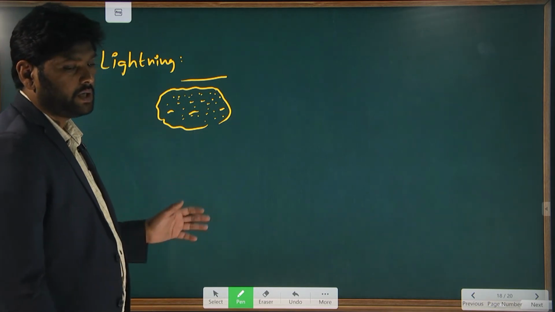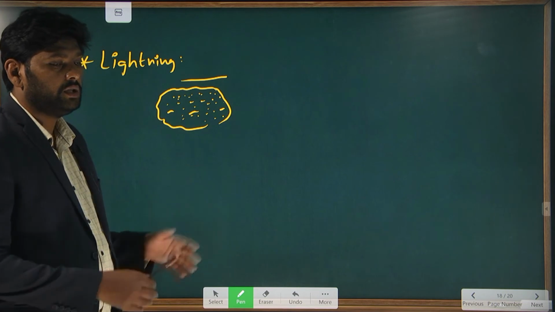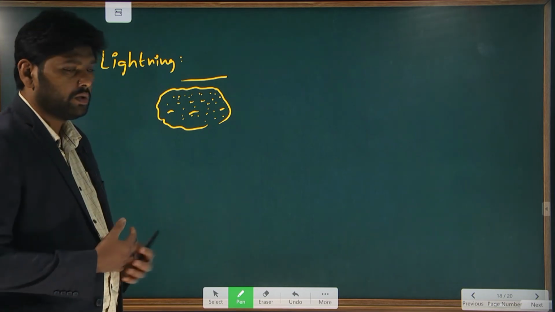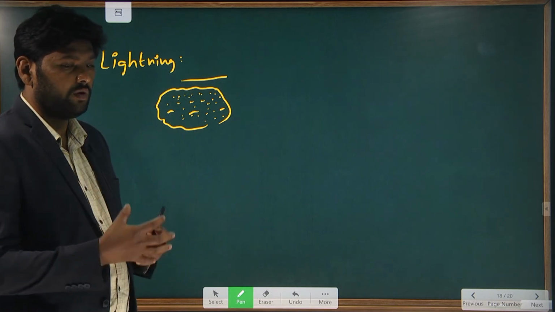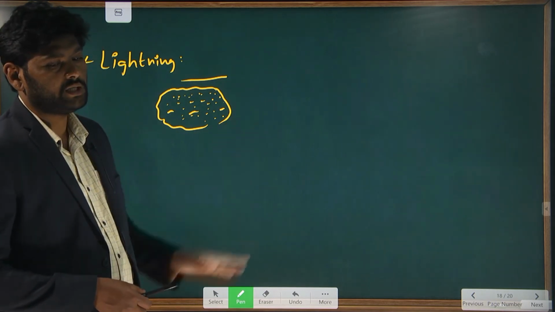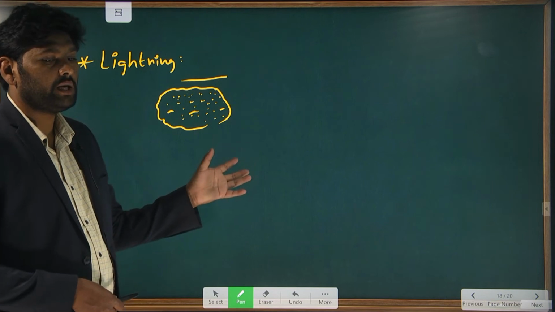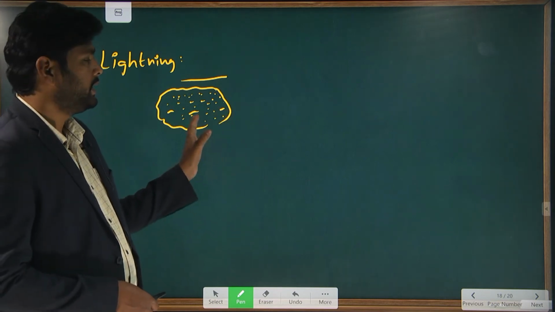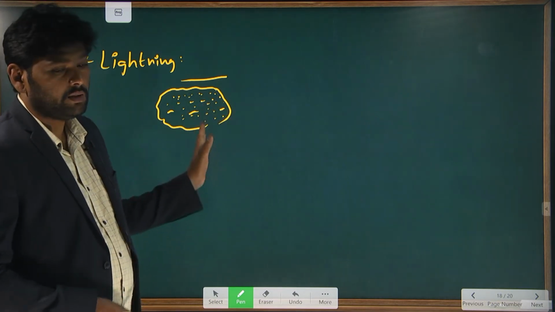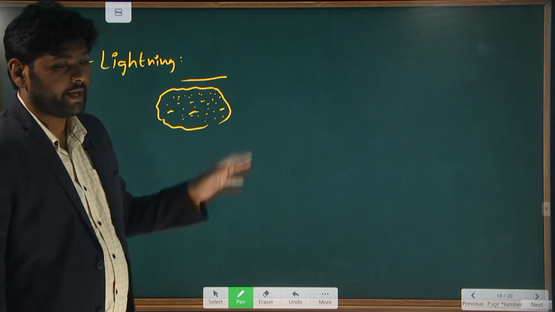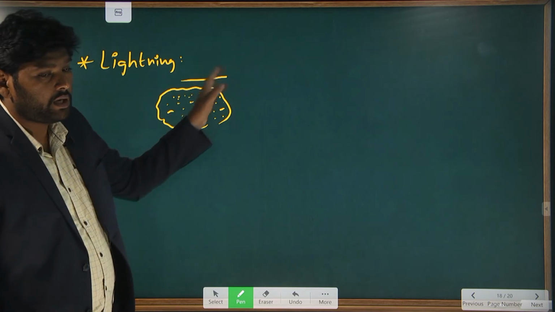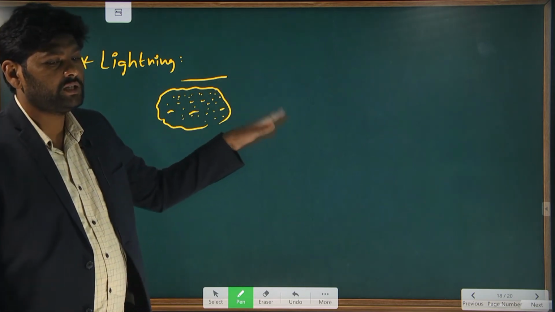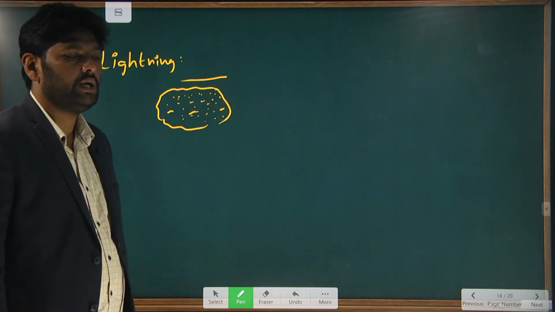After getting the charges, any two charged clouds interact with each other because of the wind flow, and the transfer of charges takes place. When the transfer of charges takes place, the air between the clouds also gets ionized. Due to that ionization, charges are transferring, and when charges are transferring, it appears as lightning.